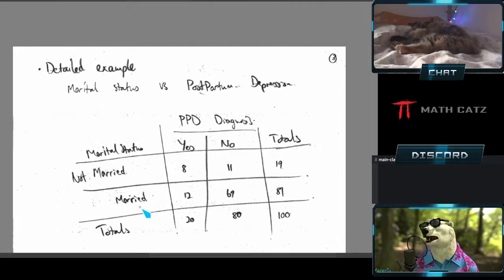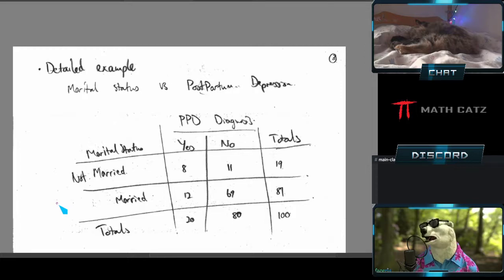Under the married group, some were still diagnosed with postpartum depression, and some were not, right? Because things are not that simple. You could be married or not married and still have this outcome. We're trying to investigate, based on this data, does being not married or married increase your chances of potentially suffering postpartum depression.